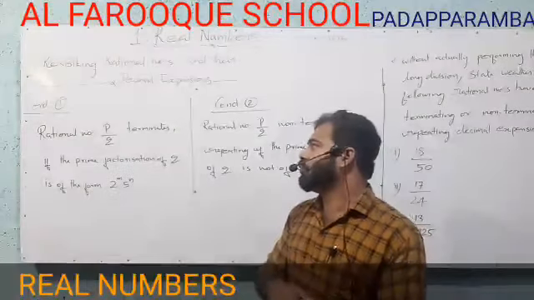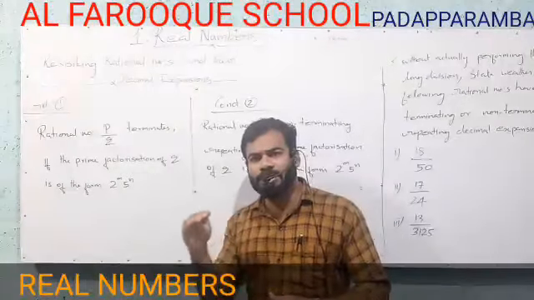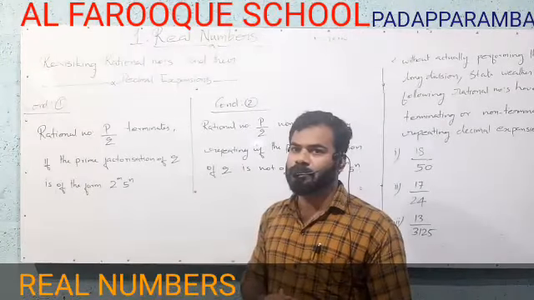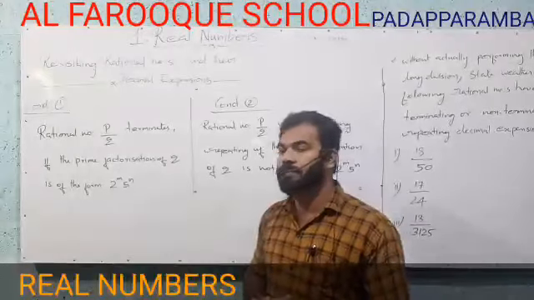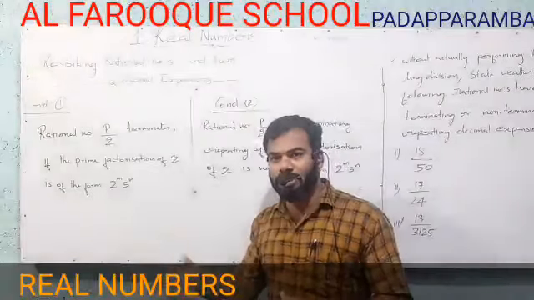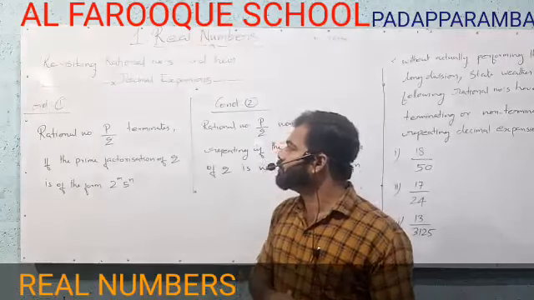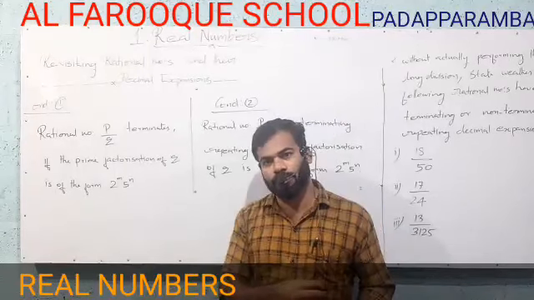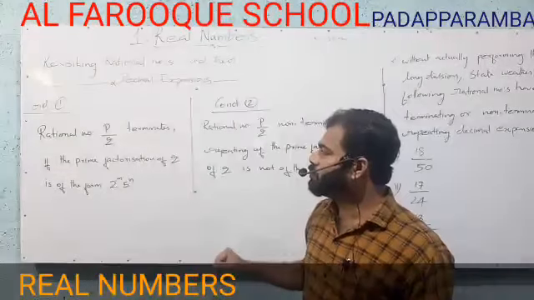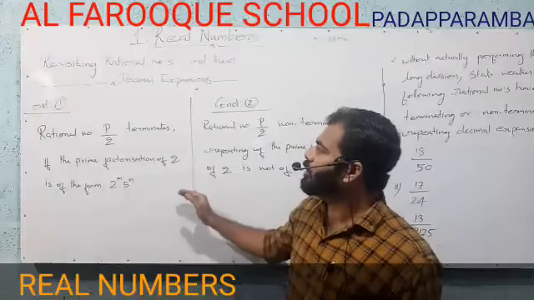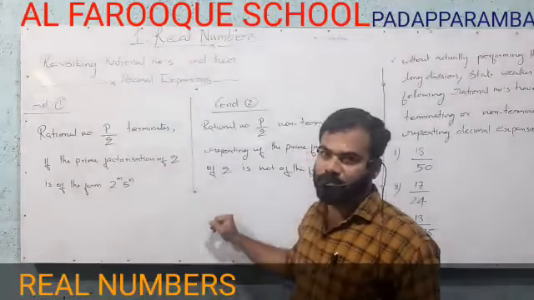As you know, the decimal expansion of a rational number is either terminating or non-terminating repeating. So we have to take two conditions.